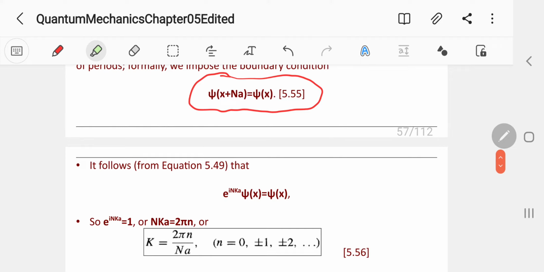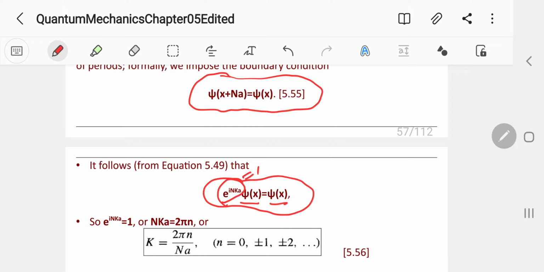And so with the above prescription, our wave function now behaves like this. So of course, since this one here and this one are equal, then this must be equal to 1.